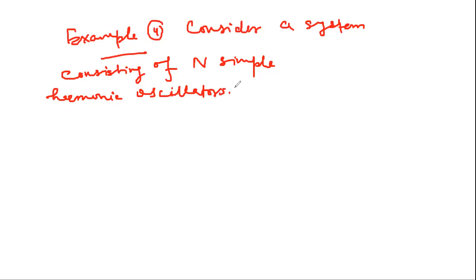So if my system consists of n simple harmonic oscillators, which I assume as weakly interacting and one-dimensional.